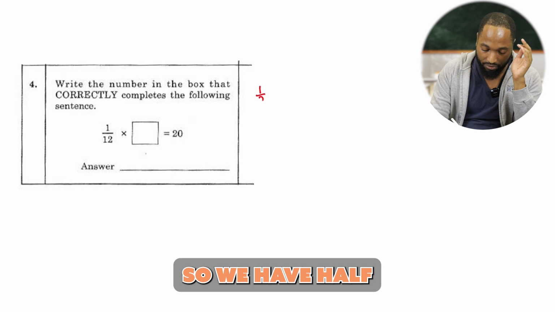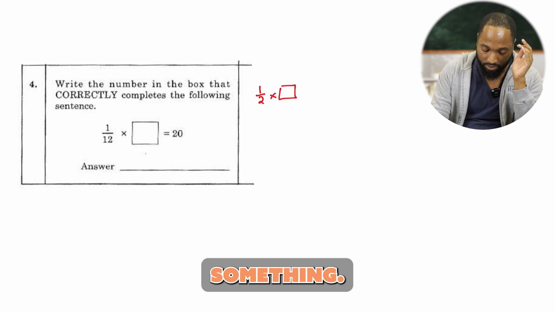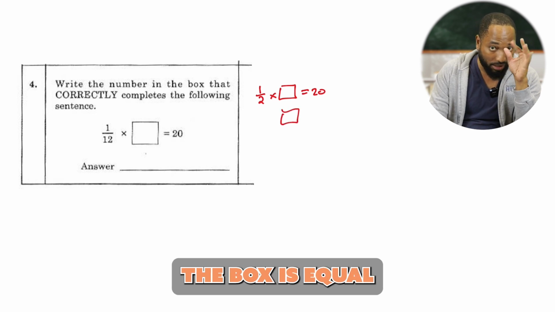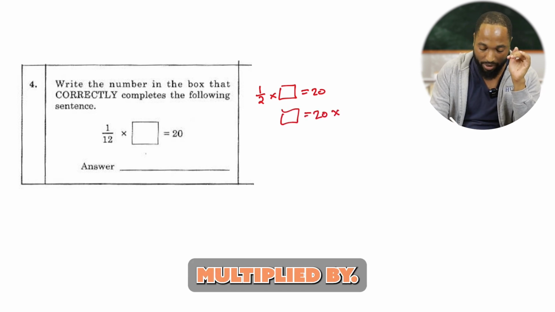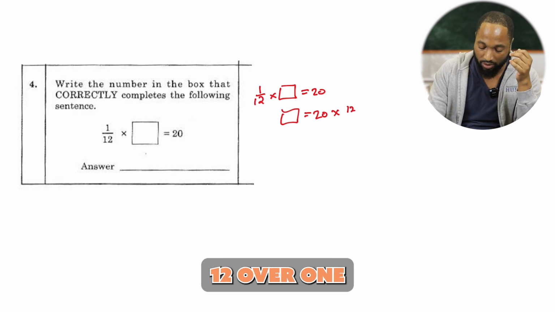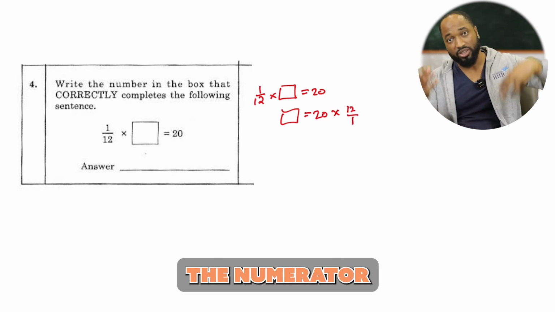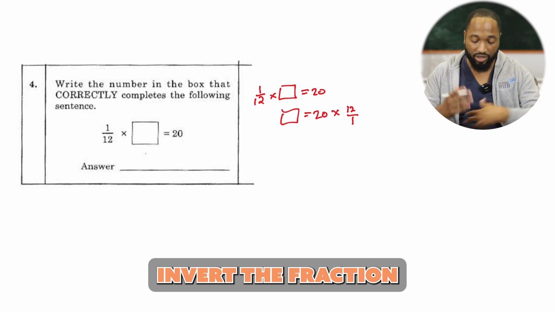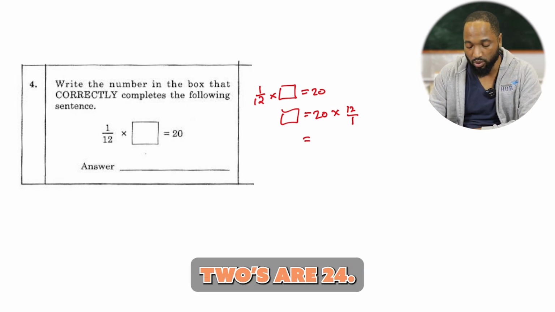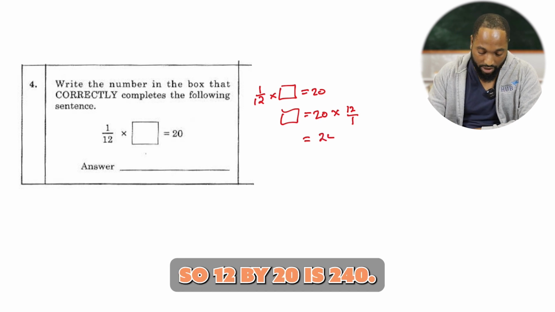So we have 1/12 multiplied by something in the box is equal to 20. The something in the box is equal to 20 multiplied by 12 over 1. The reciprocal means flip the numerator and the denominator, invert the fraction. And 12 by 20, 12 twos are 24, so 12 by 20 is 240.